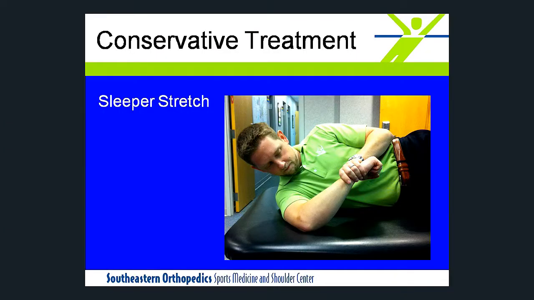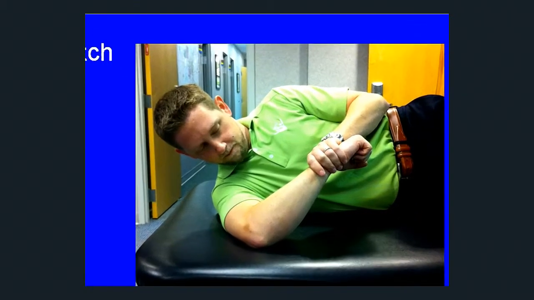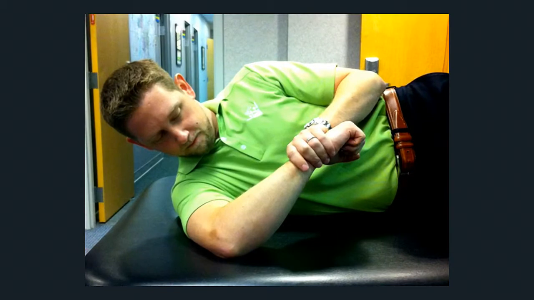So this is another sort of go-to stretch for folks with posterior shoulder tightness, and the thought behind this is that what's limiting internal rotation is also limiting horizontal adduction.